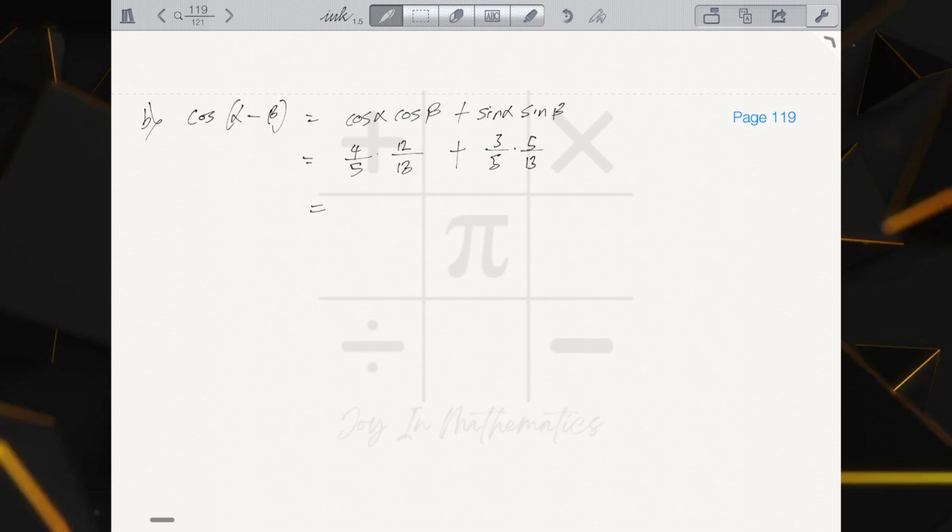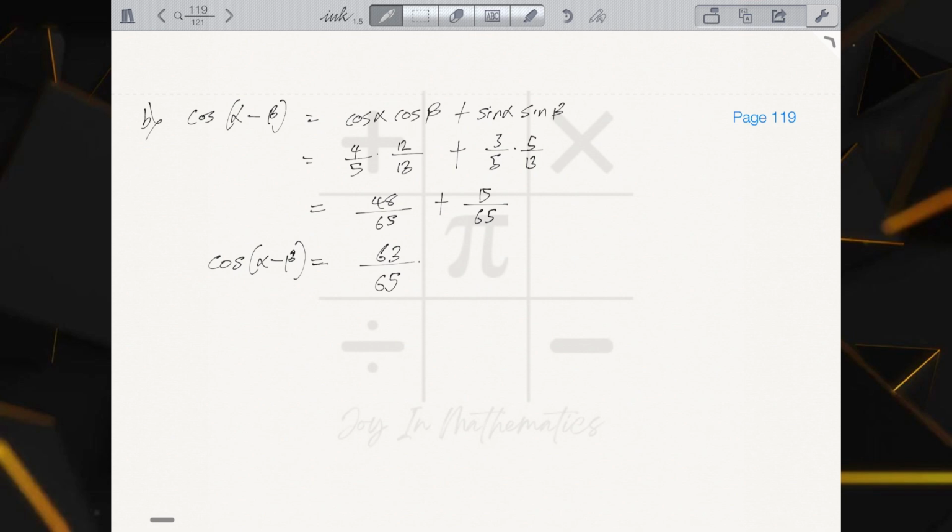When we simplify this further, we will have 48 divided by 65 plus 15 divided by 65. Evaluating using LCM, we'll have the final result of 63 divided by 65, which is the value for cos(alpha - beta).